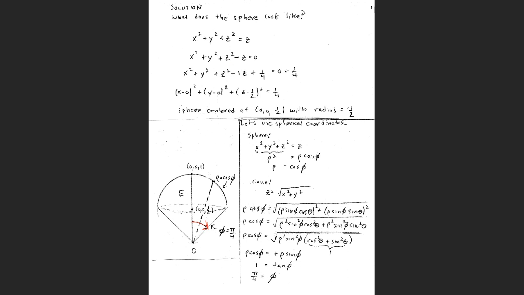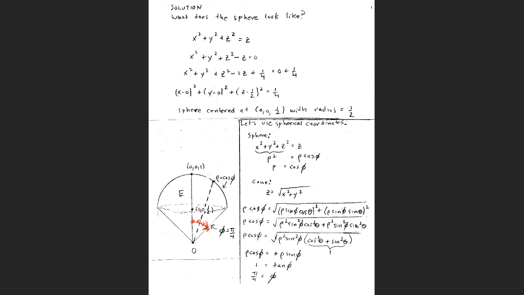Every point in this solid E has to have an angle phi that would range between phi equals 0, that would be for points on the z-axis, all the way to phi equals pi over 4 and anything in between.